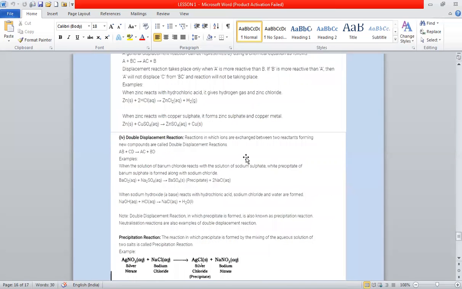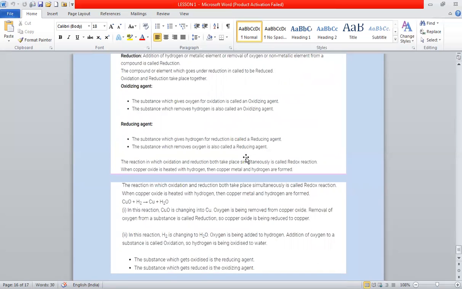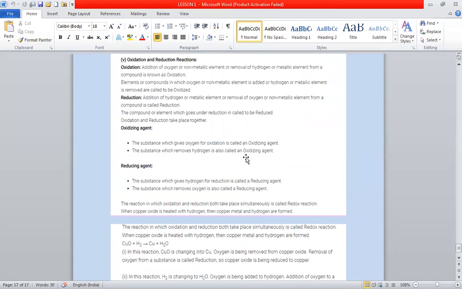The last is oxidation and reduction reaction. What is oxidation? Adding of oxygen or removal of hydrogen from a compound is known as an oxidation reaction.